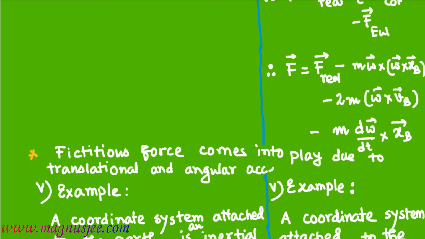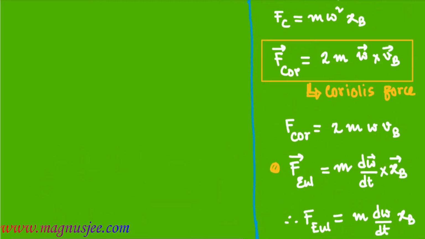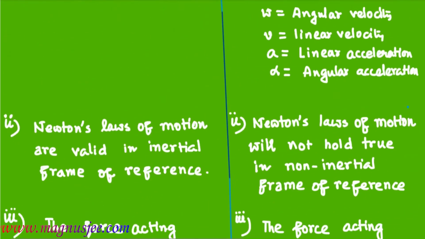Fictitious force comes into play due to translational and angular acceleration of the non-inertial frame of reference with respect to the assumed inertial frame of reference.